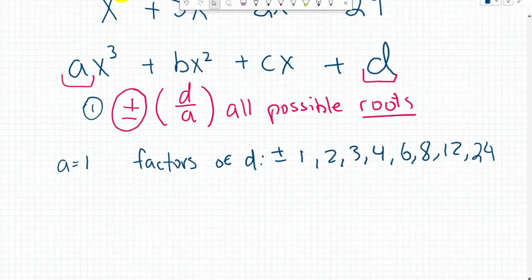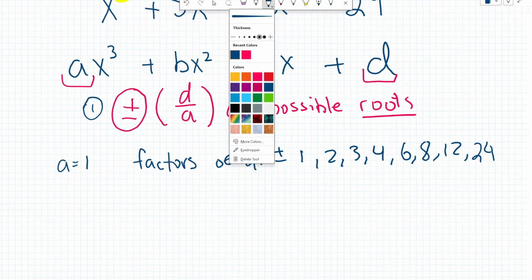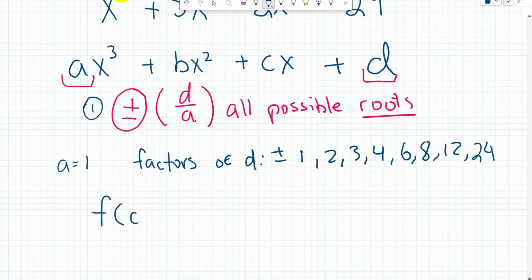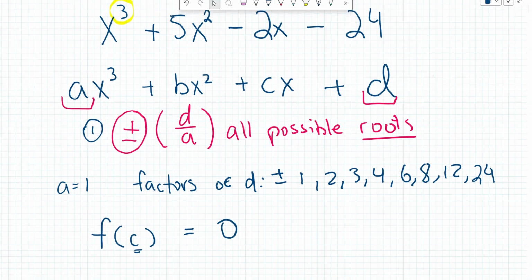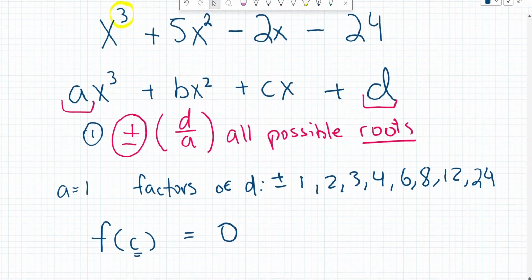We know it is a possible root if f of c, where c is our factor, equals 0. So we have to go through our factors of d and see if any of them will render our equation equal to 0.